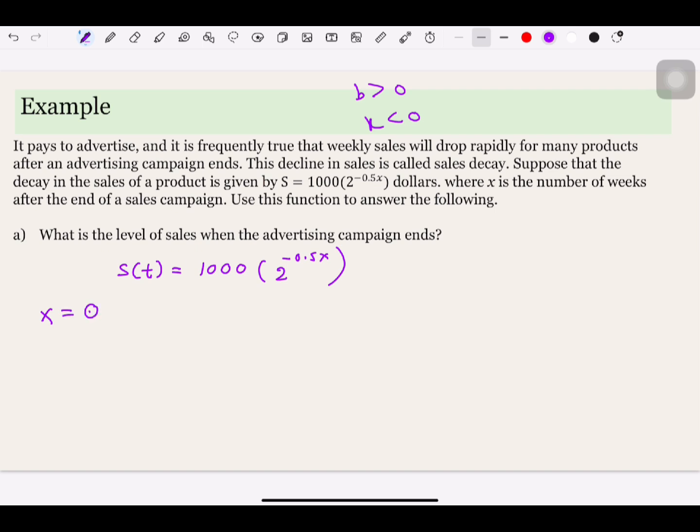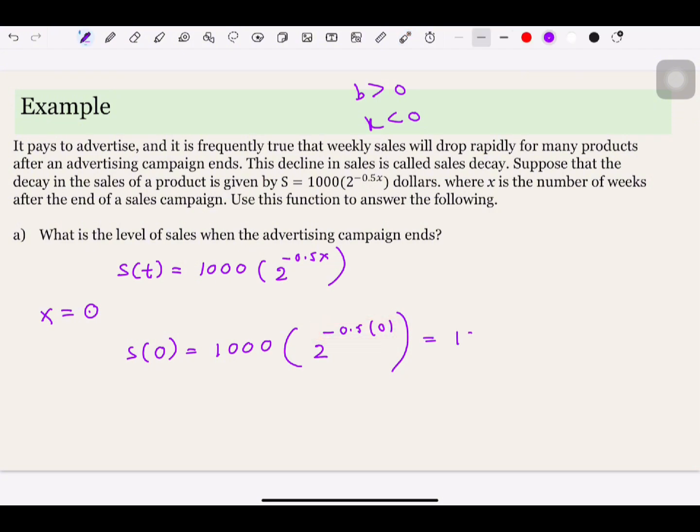To get this value, you substitute 0 into this function. So 1000 multiplied by 2 to the power negative 0.5 multiplied by 0. Any number multiplied by 0 gives you 0, so in the exponent you'll get 0.